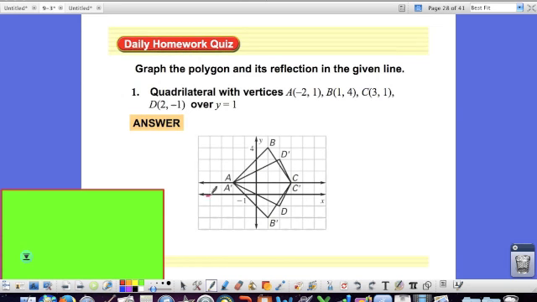It's hard to tell, this is your original x-axis. This is your original y-axis. So at -2, 1. Then your original B is at 1, 4. Your original C is at 3, 1.